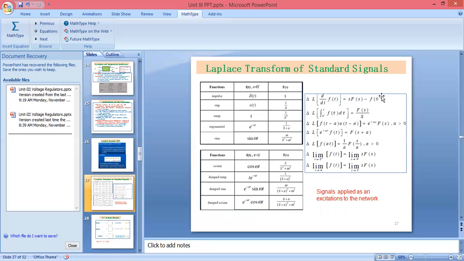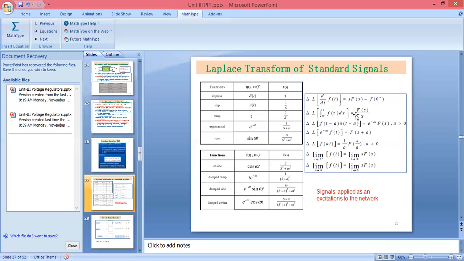If you are taking the derivative, you take s into F(s). And if you are taking the integration, as you can see on the second line, you are supposed to take F(s) upon s. For integration you divide by s, and for a derivative you multiply F(s) by s.